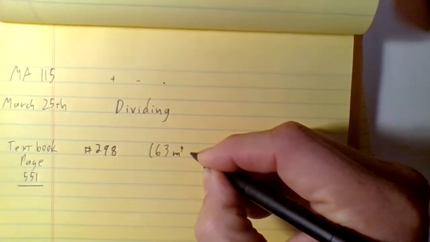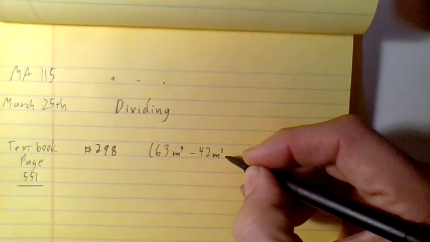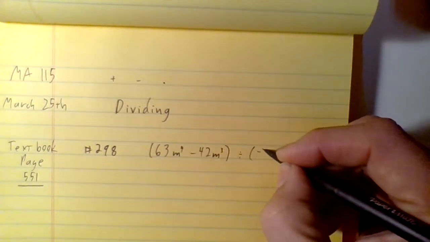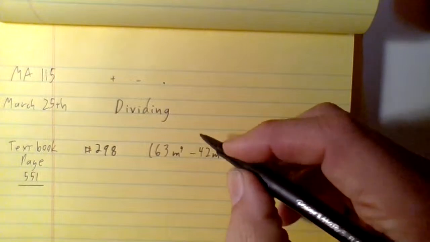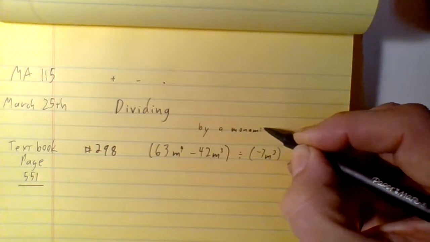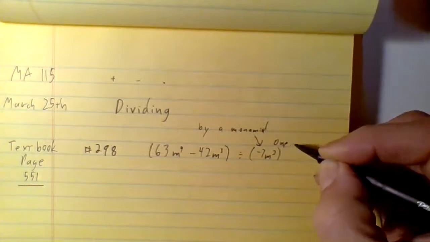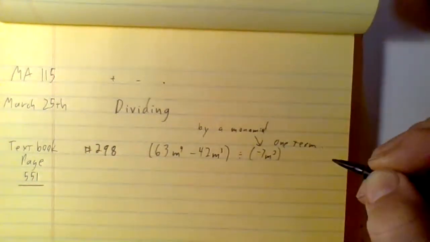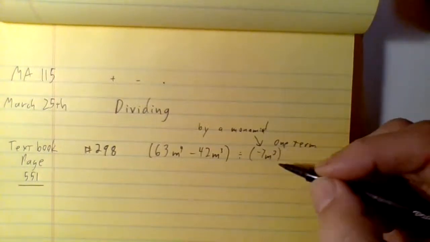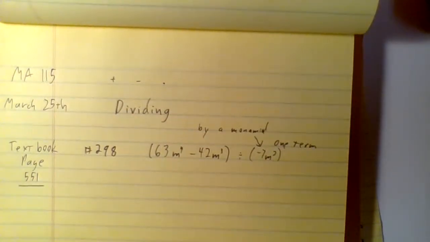So I have two terms here, 63m to the fourth minus 42m to the third, and I'm dividing by negative 7m squared. But the fact that this is by a monomial, the thing that I'm dividing by has just one term, that's the key idea to all of this. We've got to separate out what happens with the one term thing from what happens if there's more than one term here, it's the long division process. It's a whole different situation then.